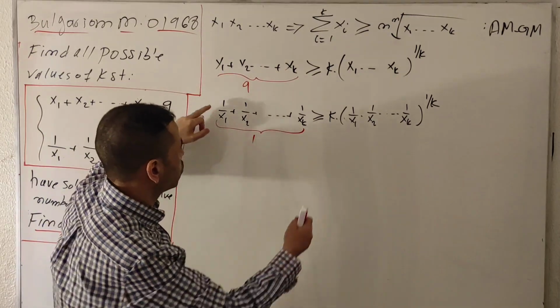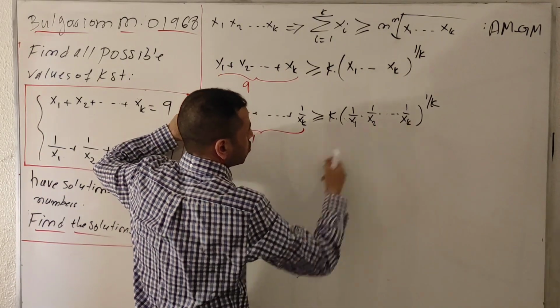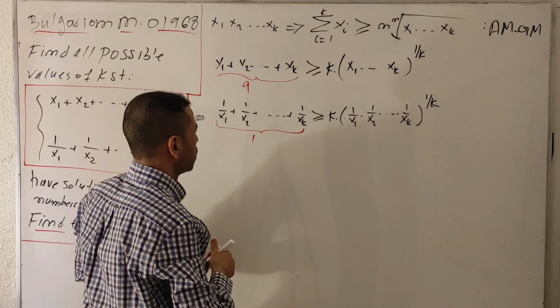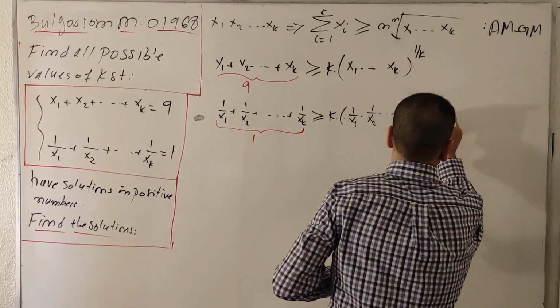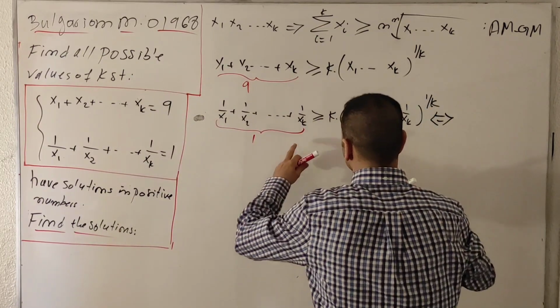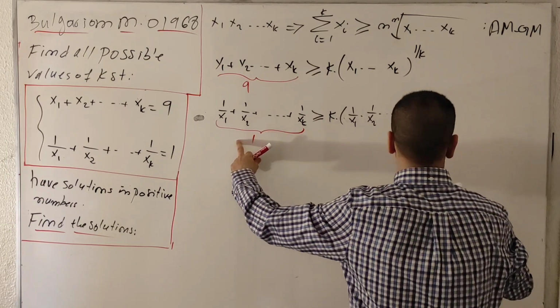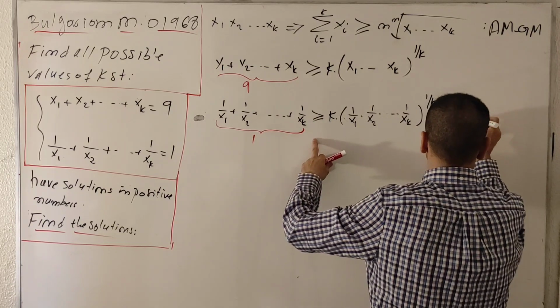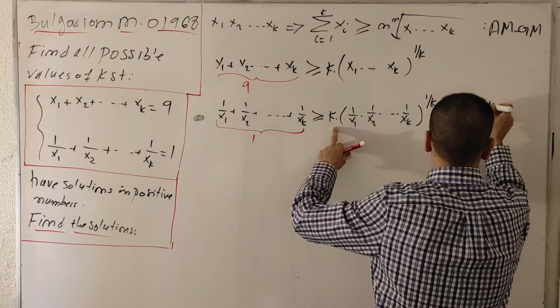I'm going to raise the second inequality to the kth power on both sides to see what it gives us. I will have 1 here is greater than or equal to k to the k.